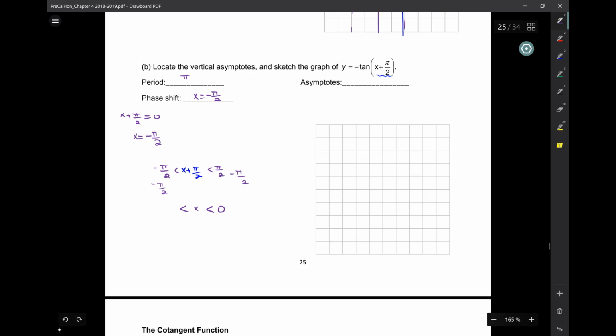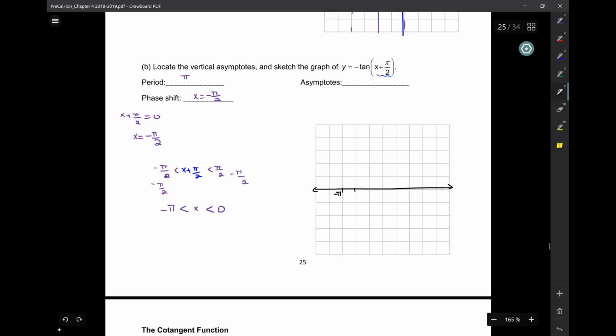On the left-hand side, I think of them as fractions, halves. Negative half pi minus another half pi. Half, 1 pi. So that's negative 1 pi. Negative pi.